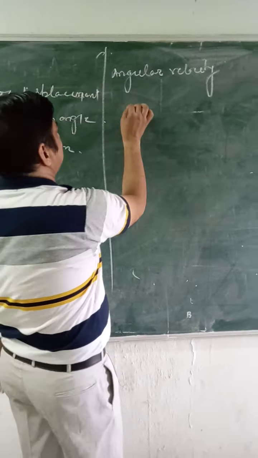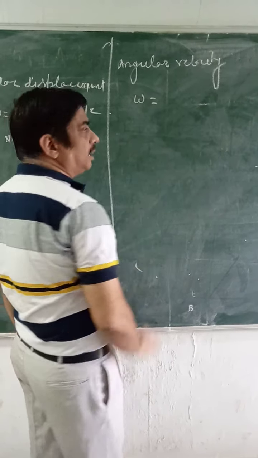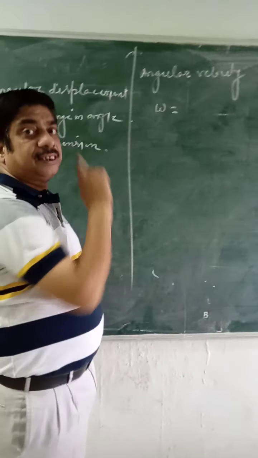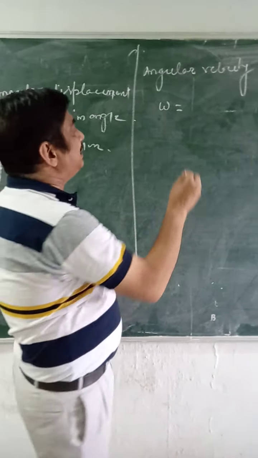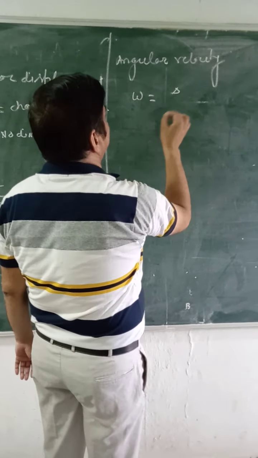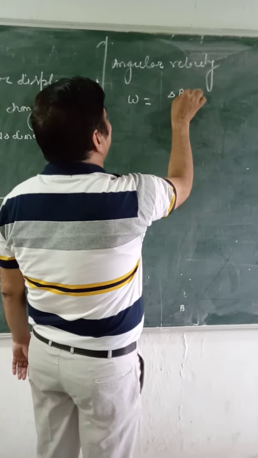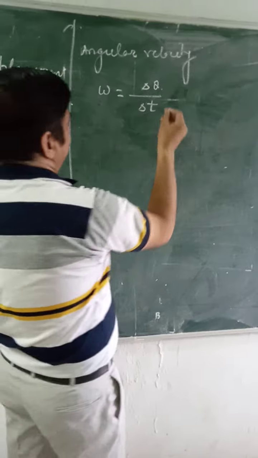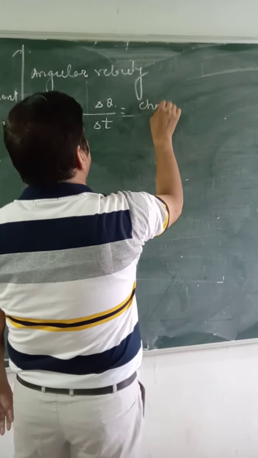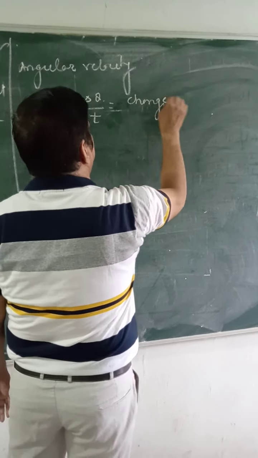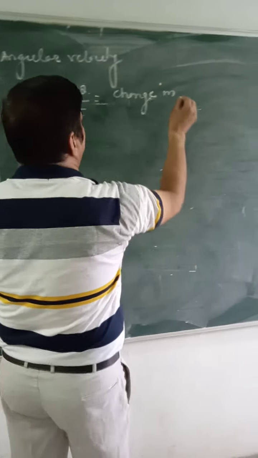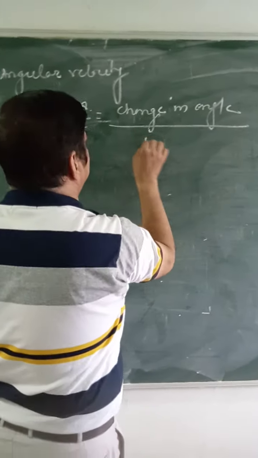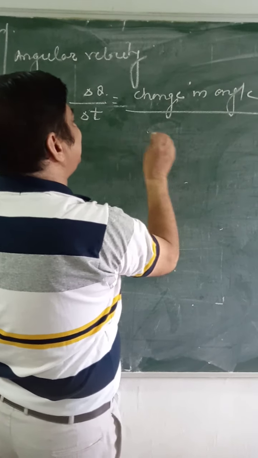This angular velocity is represented by omega. This is not W, it is omega. And omega is equal to delta theta upon delta t, that is, change in angle divided by change in time.